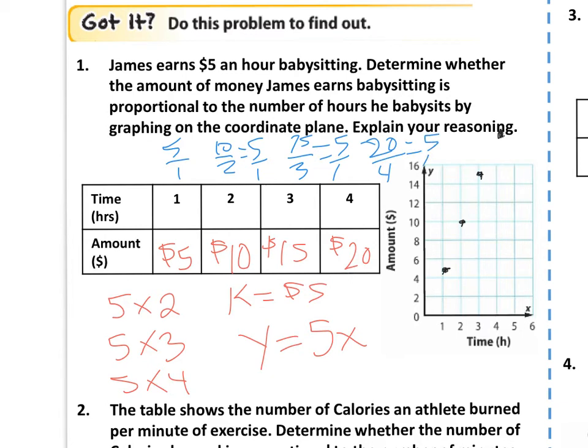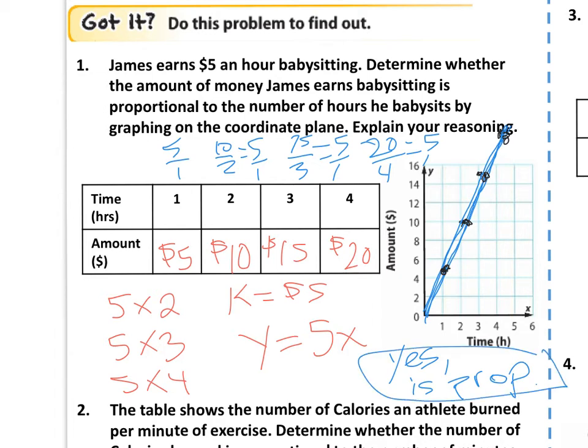So since they all reduce to 5 to 1, I know that there is a constant rate, and the line should be a straight line. And it's going through each one of these points, and it actually goes through the origin. So then my answer would be yes, this is proportional, because it does have the same unit rate and it goes through the origin.